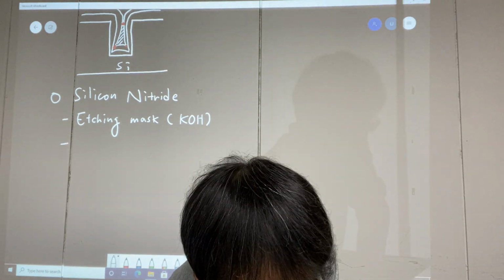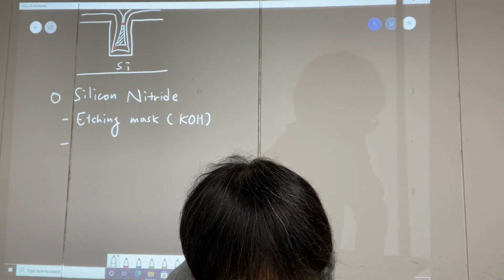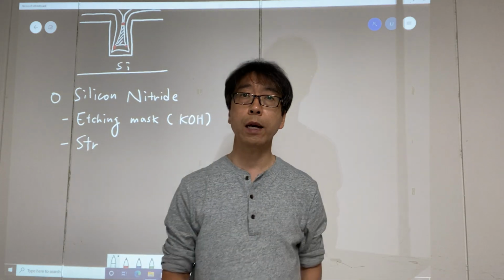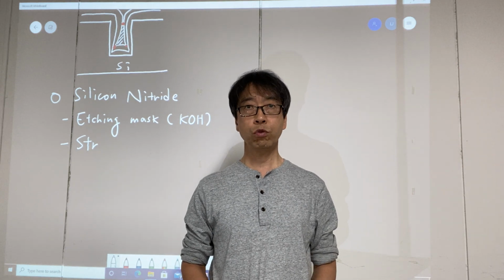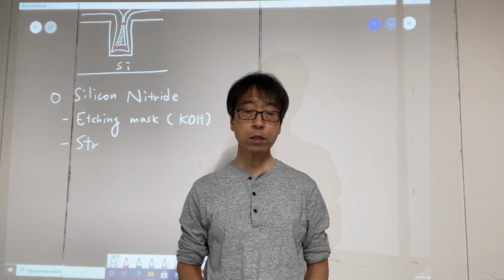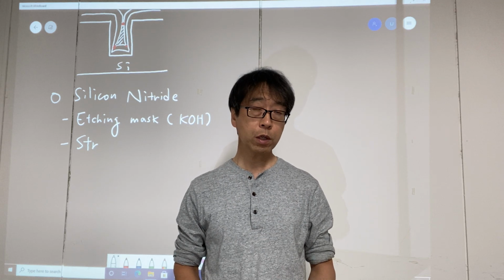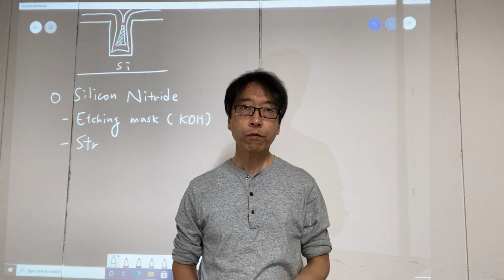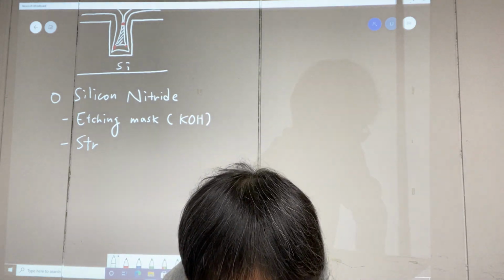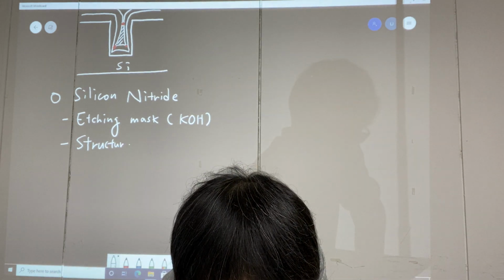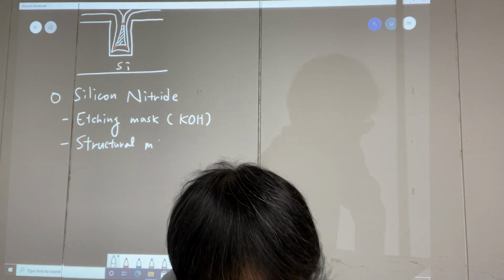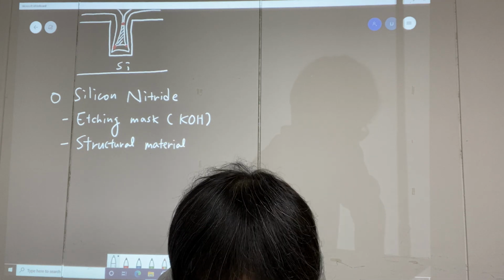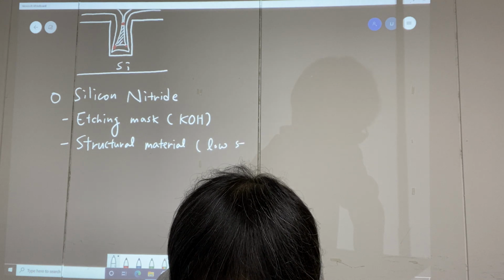Well, sometimes you can use the silicon nitride as a structural material. It's a very good structural material compared with the silicon oxide, which is normally in huge stress, especially compressive stress. Silicon nitride, you can actually fabricate almost stress-free film, structural material, because it is stress-free. You can make a very flat material because of low stress.